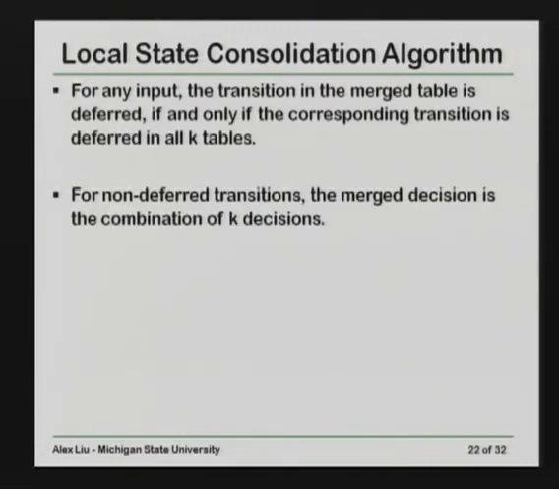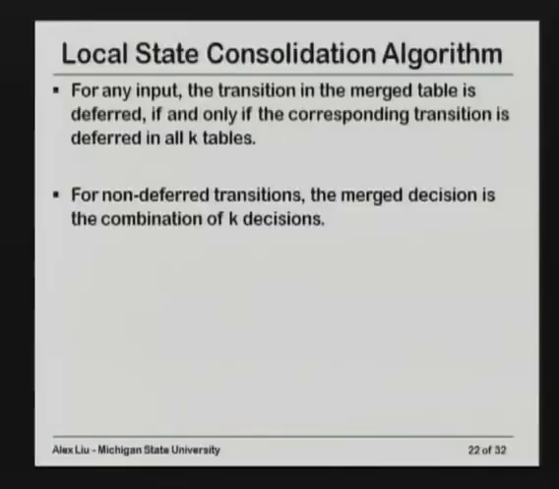And the local state consolidation algorithm. Here there are 2 points we want to make. One is for any input, the transition in the merged table is deferred if and only if the corresponding transition is deferred in all the k tables. If there are k tables, different tables may defer different transitions.